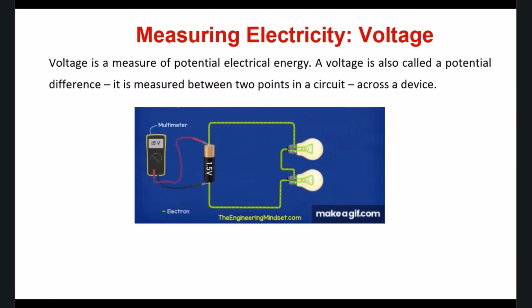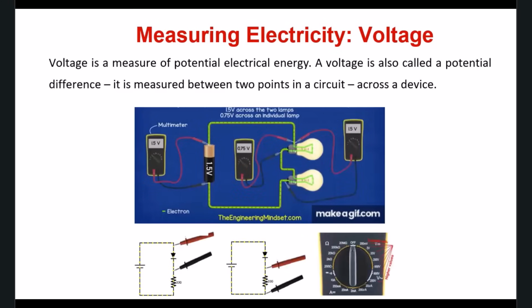Similarly, if you do the same procedure on the second bulb, you will find the same value, 0.75 volts, and 0.75 volts of the first bulb plus 0.75 volts of the second bulb will be equal to 1.5 volts, which is applied through the battery in the entire circuit. So this is how we can understand the voltage and we can measure the voltage.